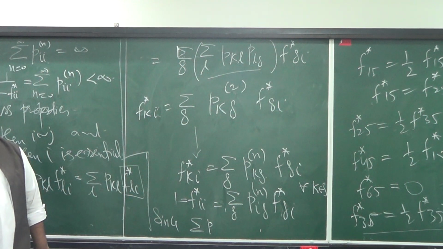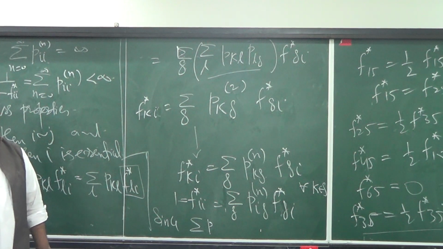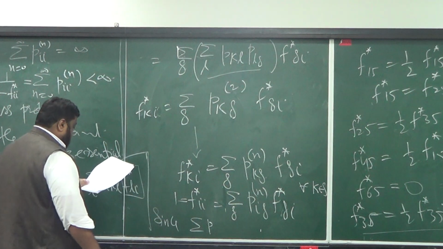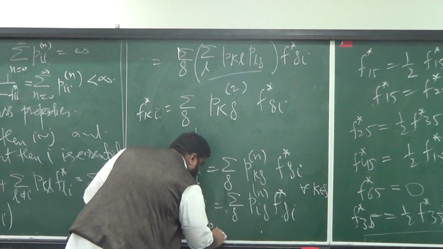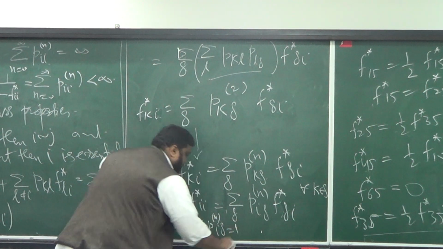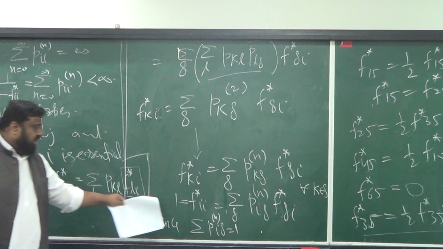But this is also true for P squared and P to the n, so it's true for all of them. So I know about these P_IG in the n step: if you take all these probabilities and fix a particular row, this sum is equal to 1. So I'm going to use this.